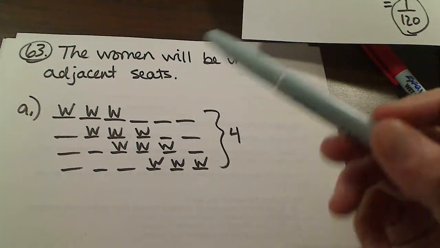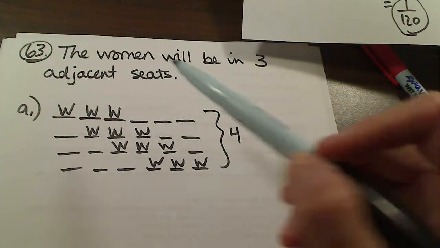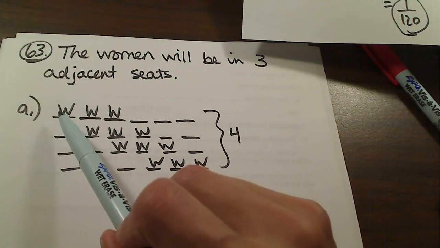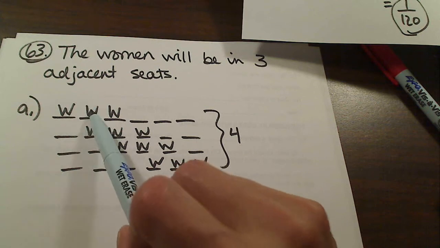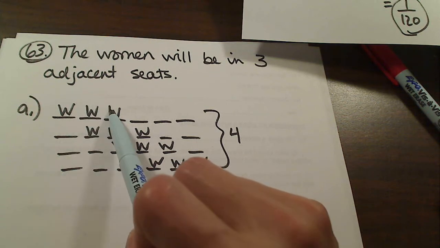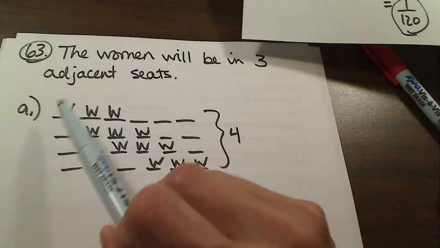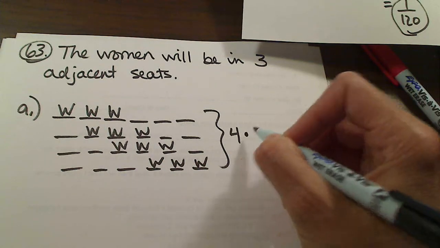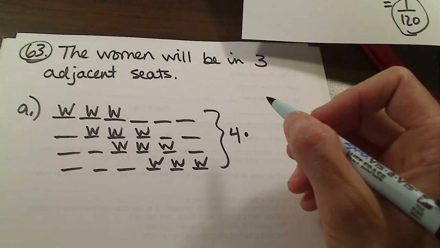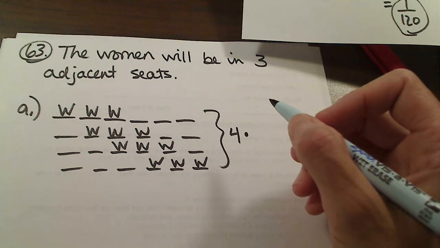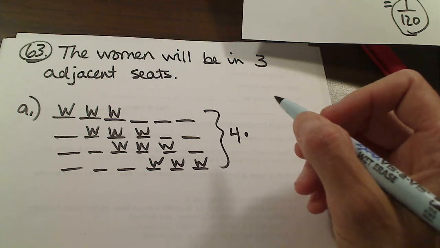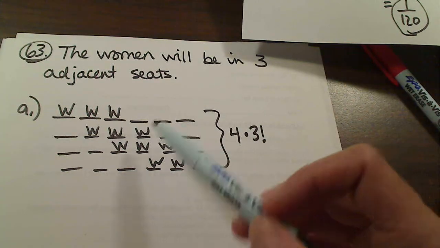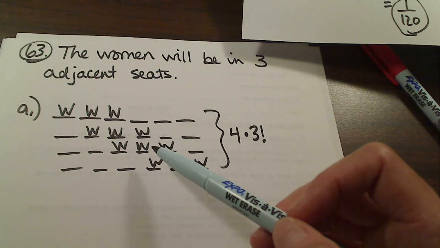Within this 4, there's an iteration of 3 factorial, because there's 3 ways to place this woman, 2 ways to place this woman, and 1 way to place that woman amongst their grouping as they move around. So we would have to multiply this by a 3 factorial. And then we also want to think about how we place the men, because that's the other thing that we need to count.